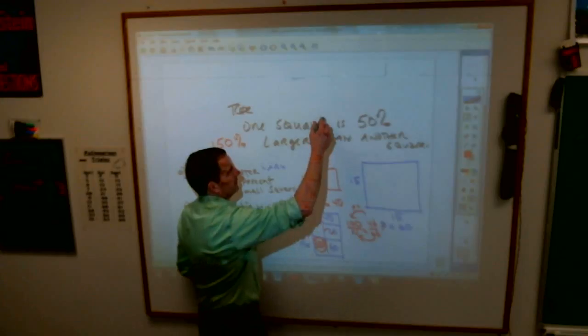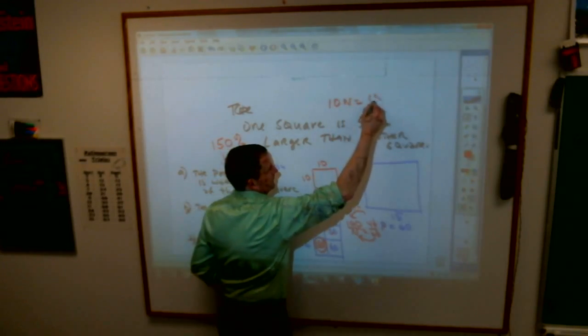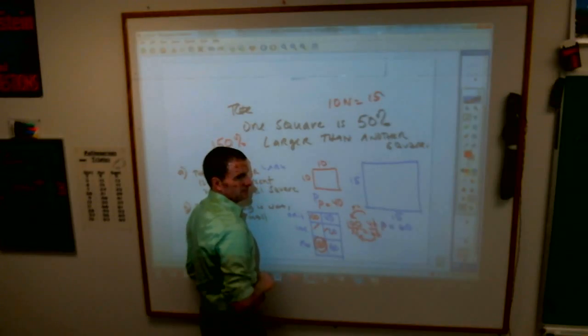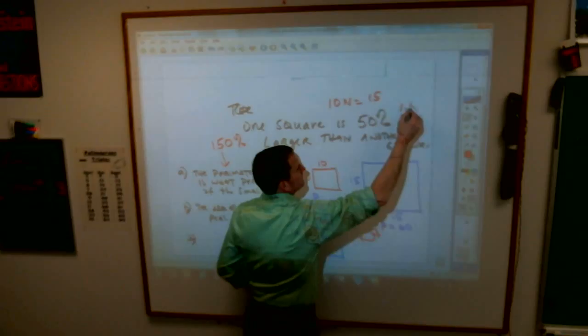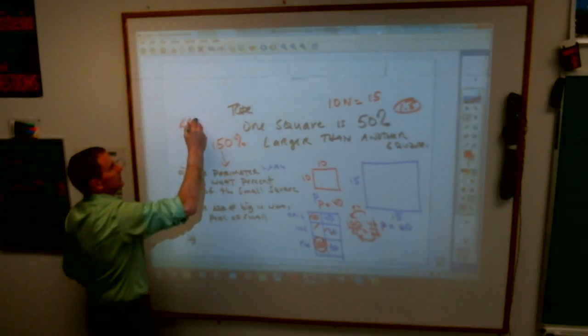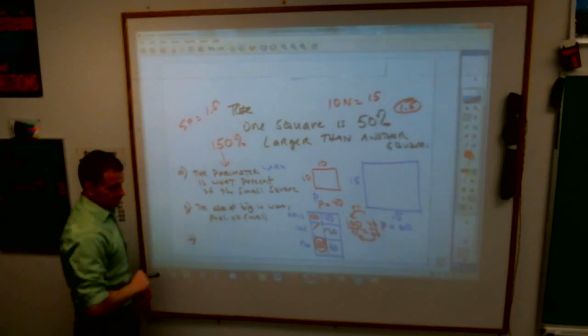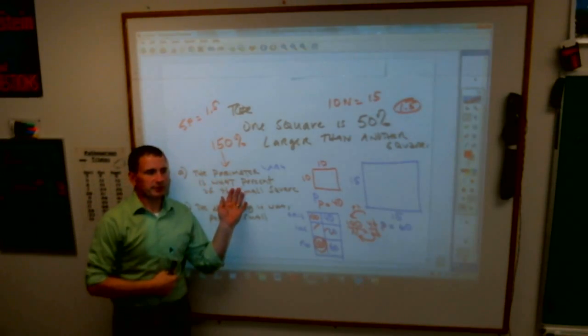If you don't know, then do this. 10 times what number is 15? Tyler, 1.5. My scale factor is 1.5. We're looking at the perimeter, right?